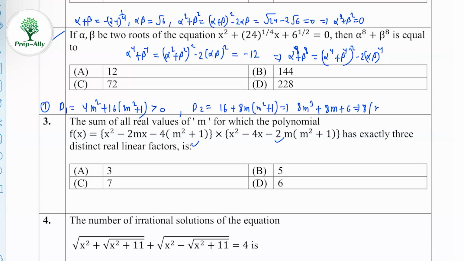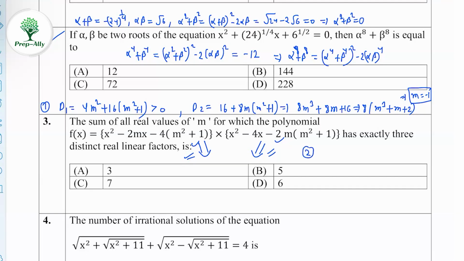Taking 8 common, m cube plus m plus 2, which is 0 when m is equal to minus 1. So what I am trying to say here is that it may be possible that this is a perfect square and the other has two real roots, because D is greater than 0. This is one condition where it will have three distinct linear factors.